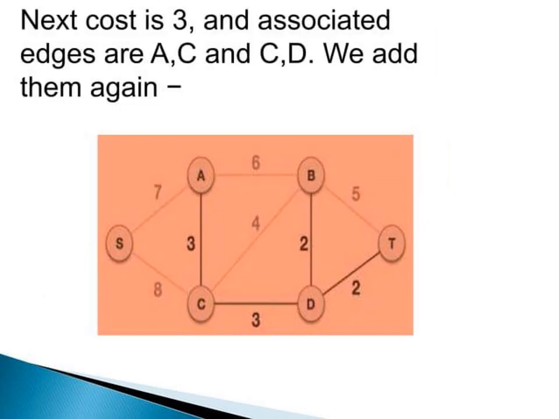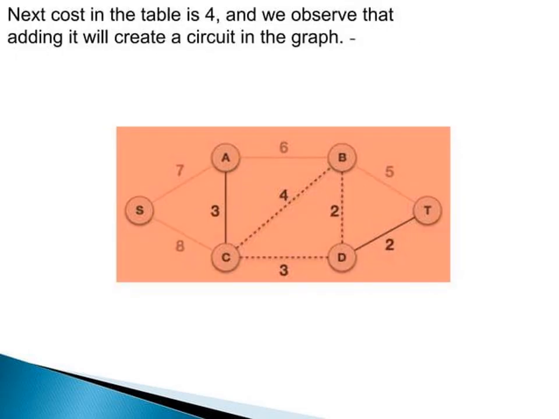The next minimum cost is 3 and the associated edges are A to C and C to D. We add them. Now no cycle is formed, so we choose these. The next cost is 4. Whenever we choose C to B, it will form a cycle, so we remove it.